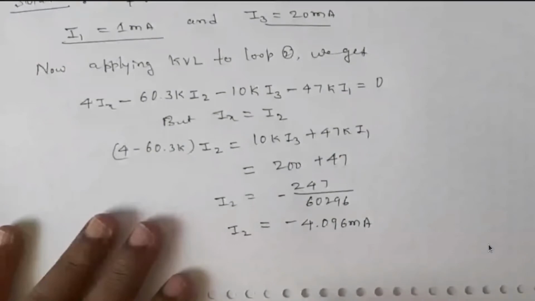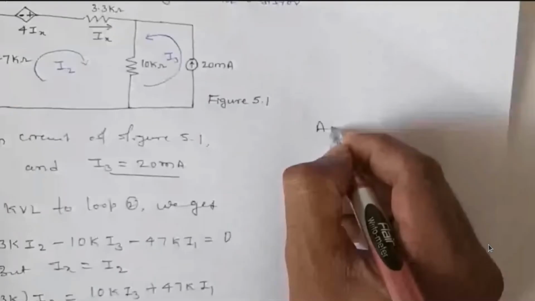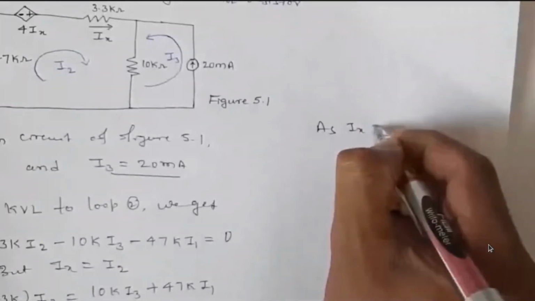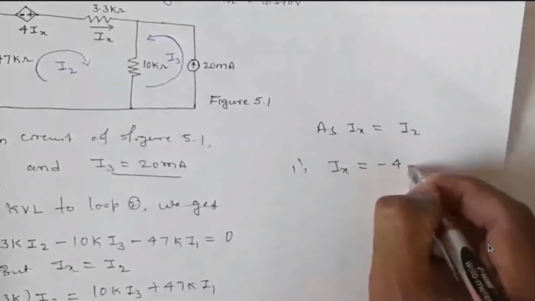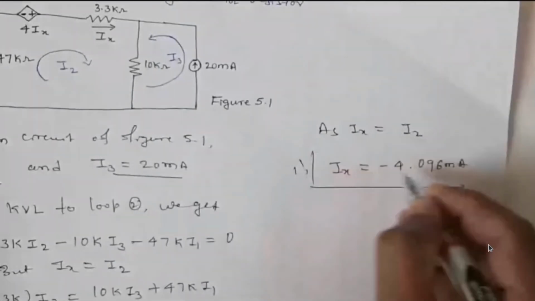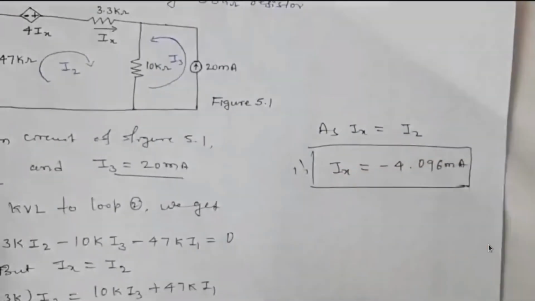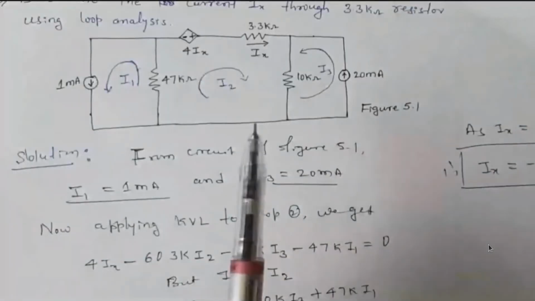Okay, so here you write Ix is equal to I2. Therefore, current Ix is minus 4.096 milliampere. It's very simple, dear students. I hope you have understood how to solve.